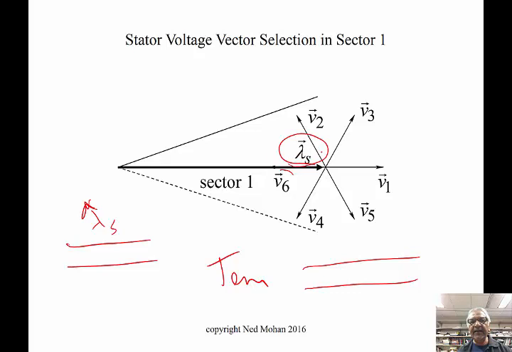Let's just take it as in between here, but it could be argued for any other position of lambda sub s within this sector 1. But the bottom line is that we are describing it for sector 1, and this can then be applied to other sectors, and within a sector, different positions of this Stator flux linkage space vector.